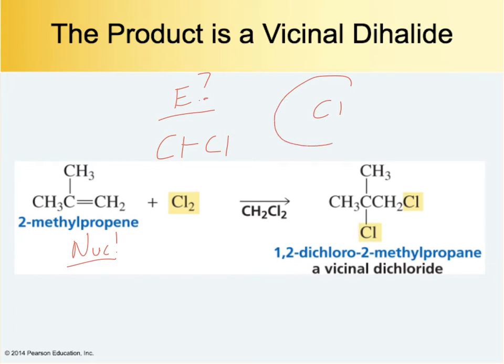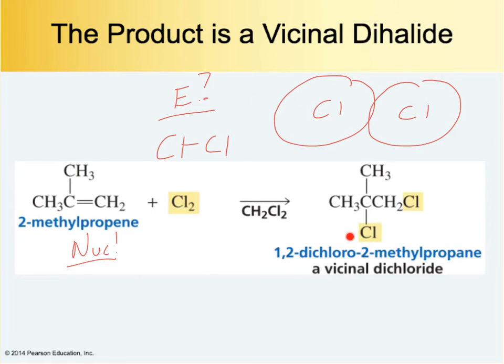These are big molecules, big fatties. As the electrons are sloshing back and forth, maybe at this fat end there could be a little delta plus. Maybe all the electrons are over here for a second, and all of this over here is delta plus. They're sloshing back and forth. So we know the pi bond is the nucleophile, but we have to think about the chlorine as the electrophile. It's a little different.